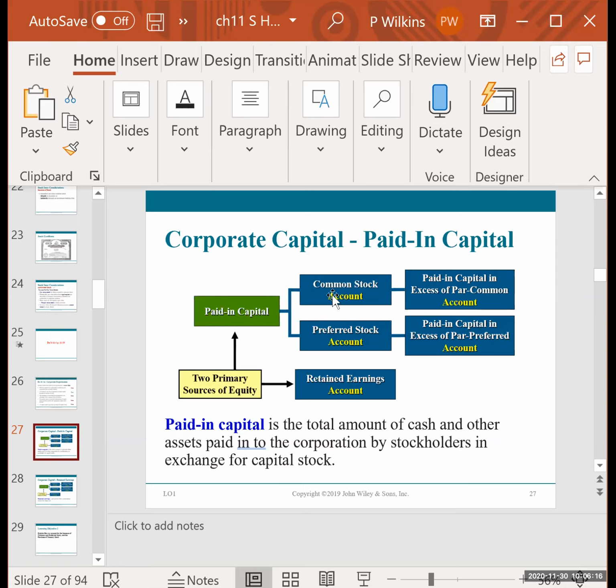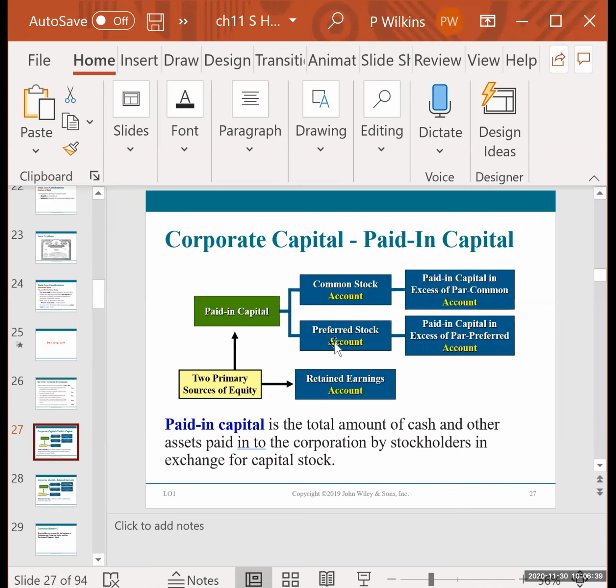So we have common stock, we would debit common stock, paid in capital in excess of par common stock. You could also have paid in capital in excess of stated common stock. And we're going to look at both different ones. So it could be stated common stock or par common stock.